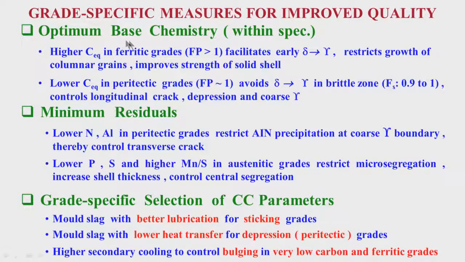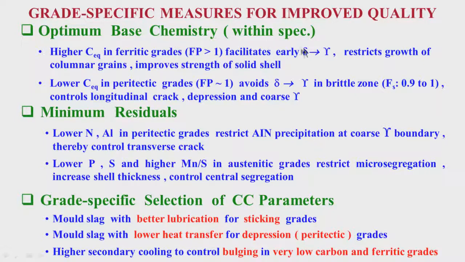So, either you use the base chemistry within specification, adjust it accordingly to take care of the particular solidifying characteristics. For ferritic grades you use higher carbon equivalent, I have mentioned why, and for peritectic grades you use lower carbon equivalent.